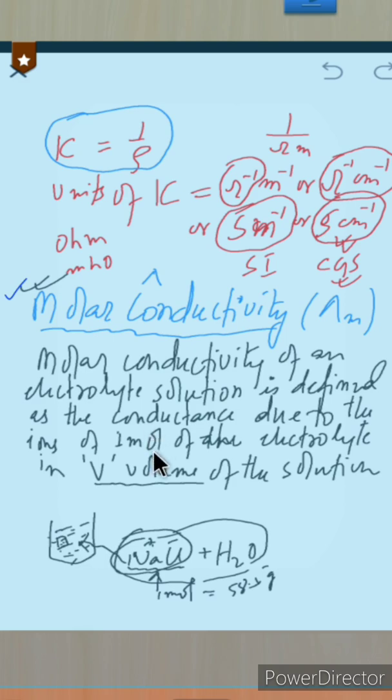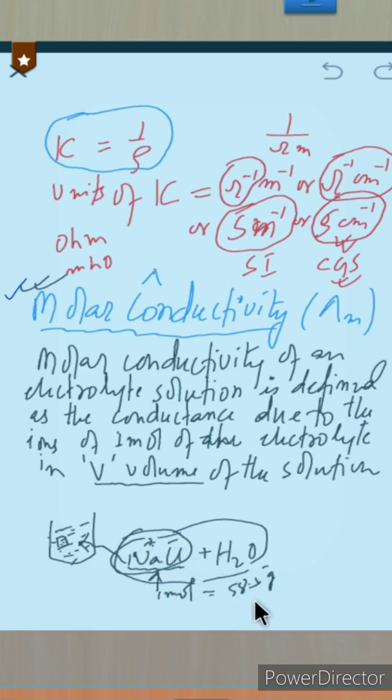Okay, suppose we take NaCl as the electrolyte and it is dissolved in water. What amount of NaCl must be added so that we get 1 mole of the electrolyte? In terms of mass, that is 58.5 gram, the mass of 1 mole of NaCl.